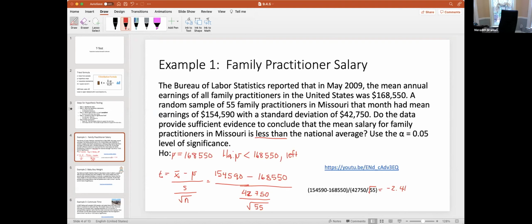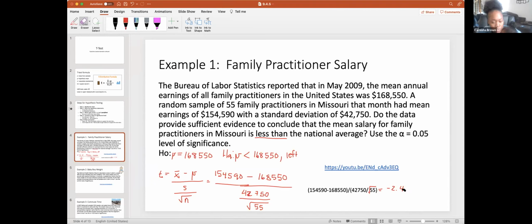Anybody got anything different? And now we're going to take this value and I want to carry it out just a little bit further. So can you give it to me to 3 decimal places, please? Yeah, I got something different. I don't think it's a 1 at the end.